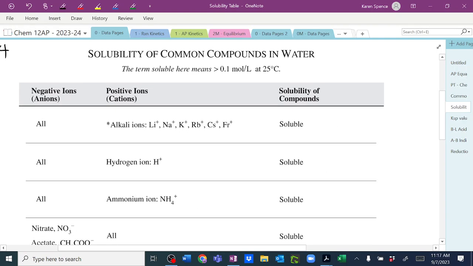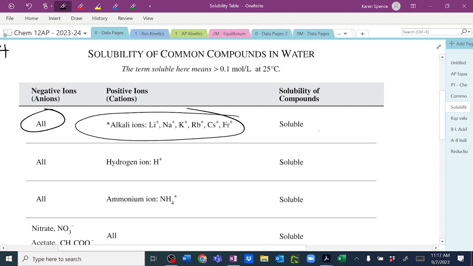What does it mean if I have all negative ions and they are with positive ions, alkali ions, they're soluble? What does soluble mean? It means they are... exactly, a significant quantity will dissolve in water.